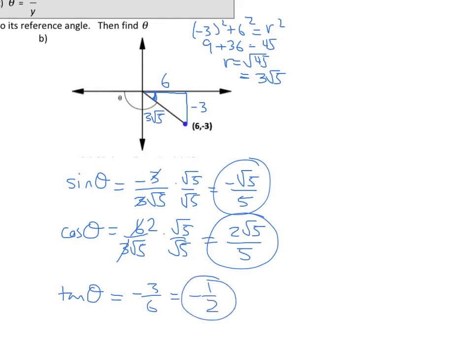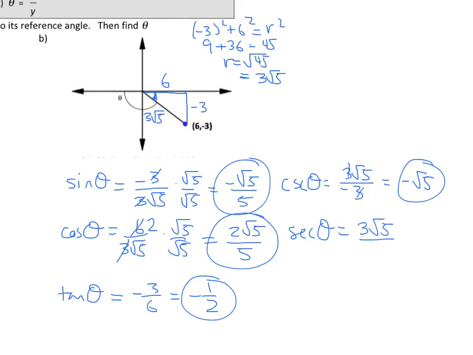And then cosecant theta would be, instead of y over r, I do r over y. So 3 radical 5 over negative 3, which is, the 3's cancel, negative radical 5. Secant theta is going to be r over x, 3 radical 5 over 6, which simplifies to radical 5 over 2.